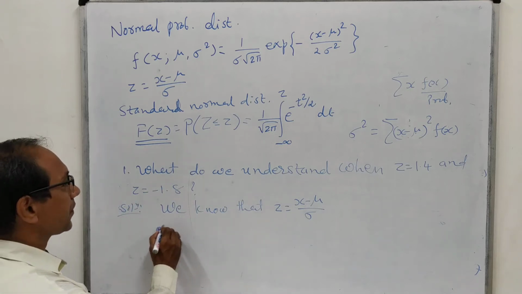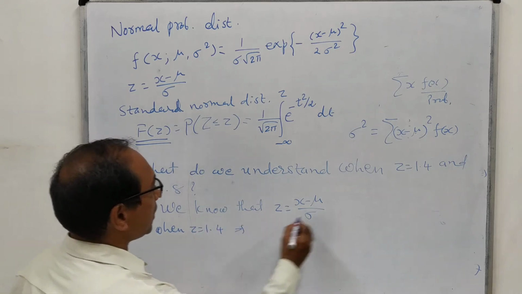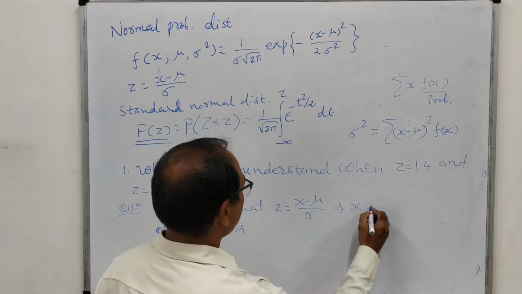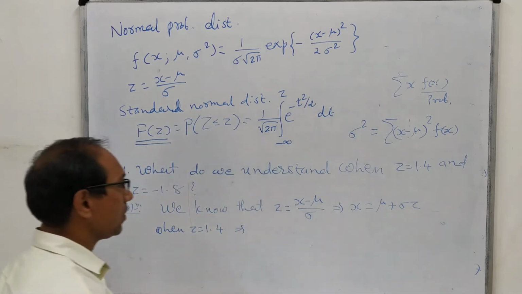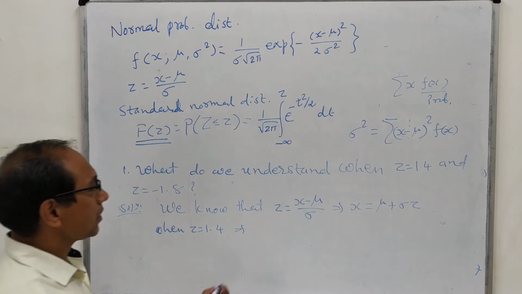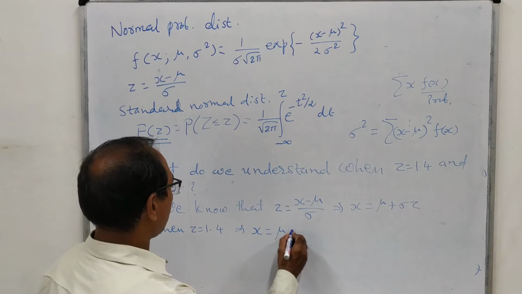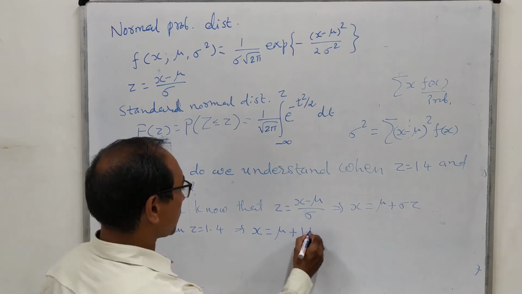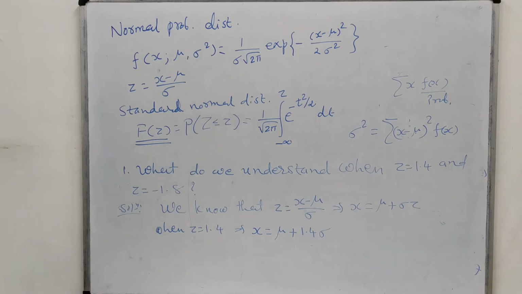So when z equal to 1.4, that means we can also write this as x equal to mu plus sigma into z. So here we will have x equal to mu plus 1.4 into sigma.